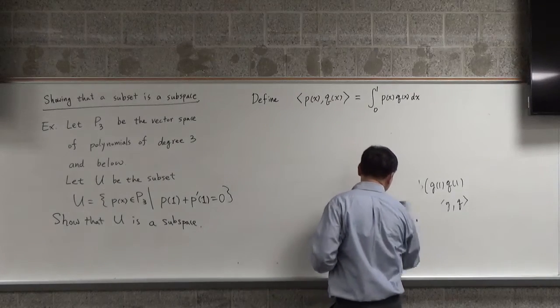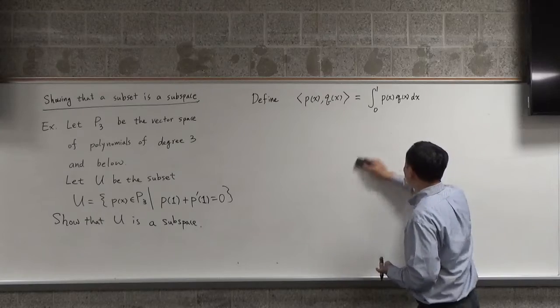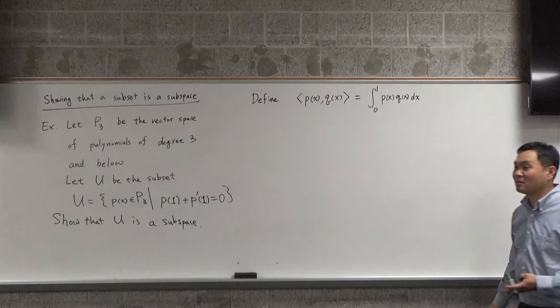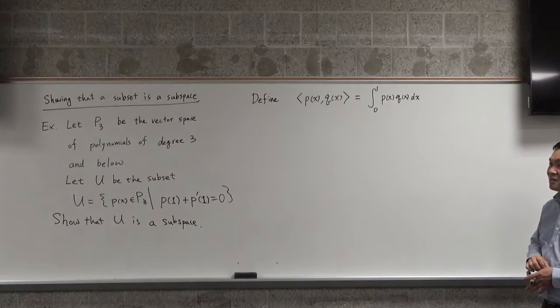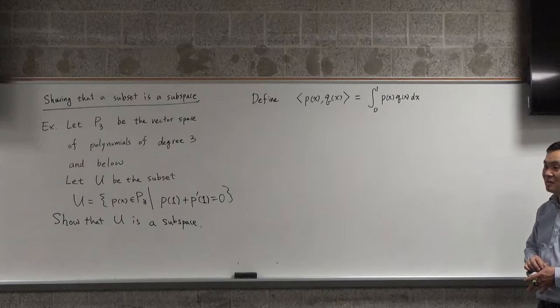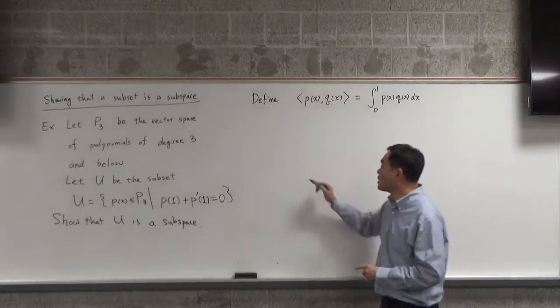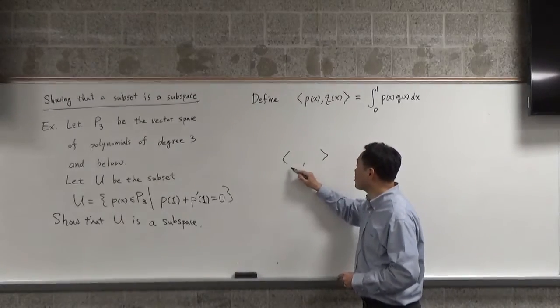So that's a nice exercise to try. You can try other kinds of inner products. So you did p of 1 and q of 1, right?